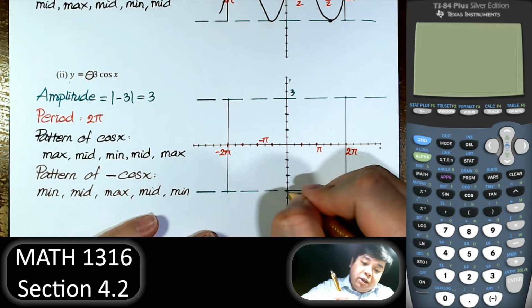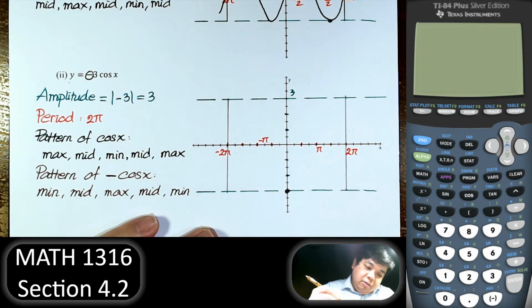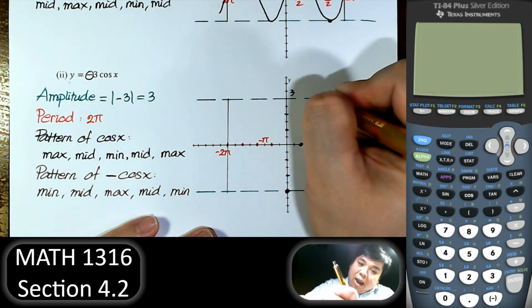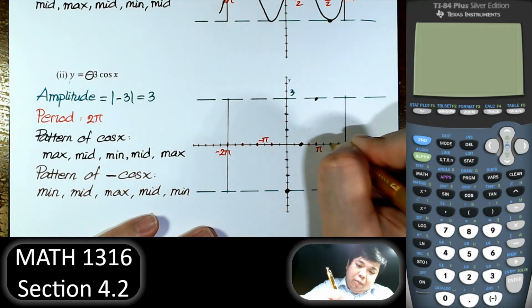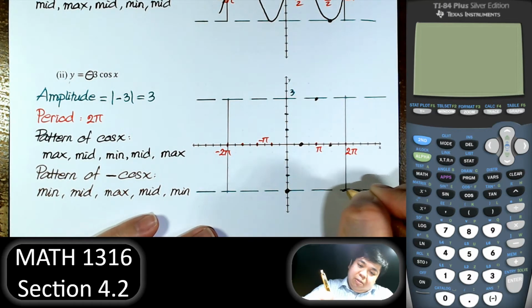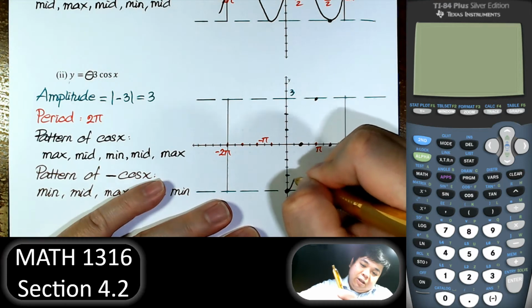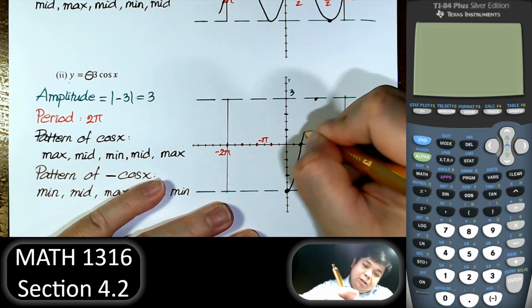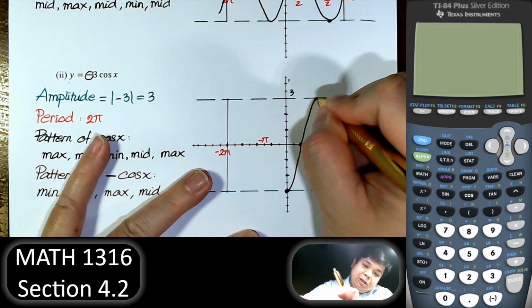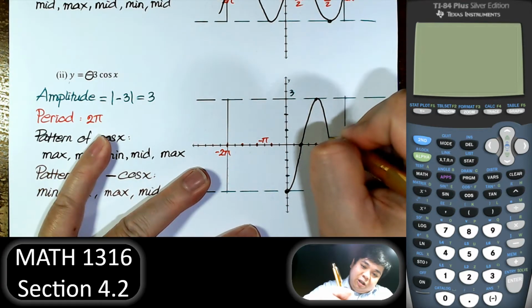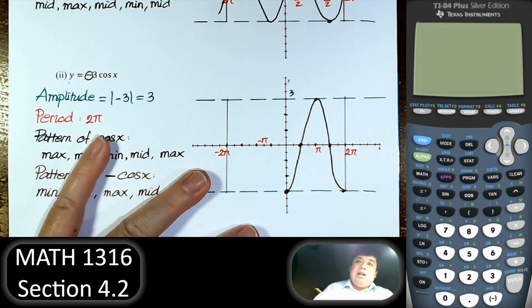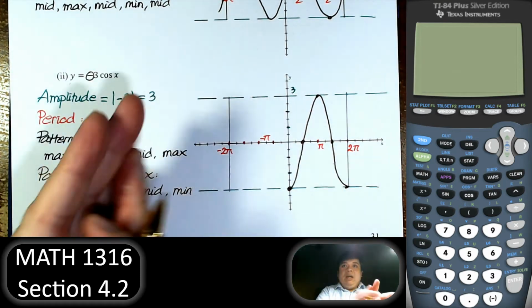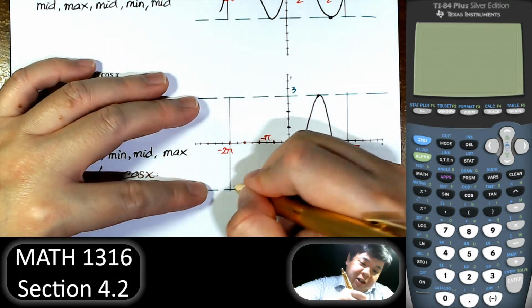So we start from minimum, middle, max, middle, minimum. So the graph of negative cosine x looks like that. So that is 1 period. Copy and paste throughout the whole number line.